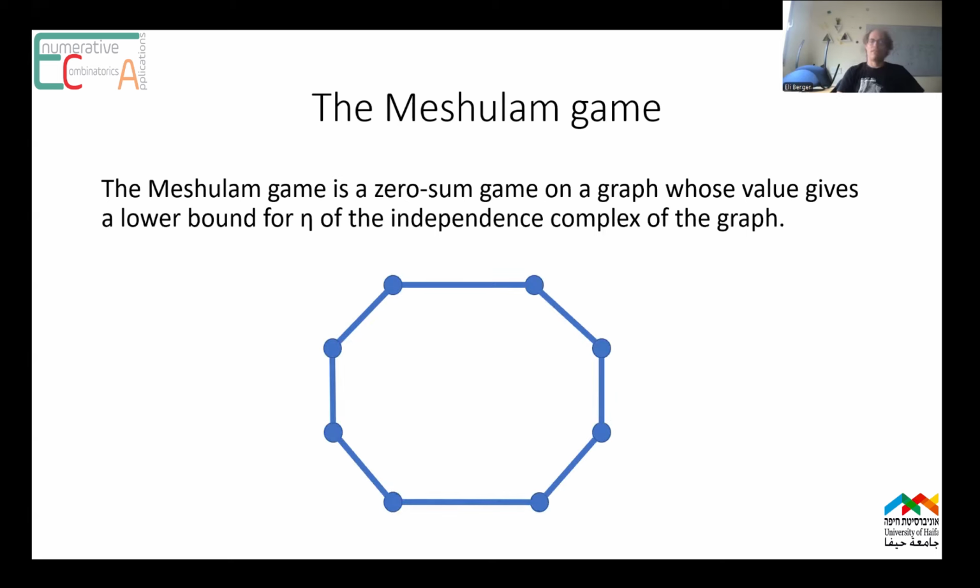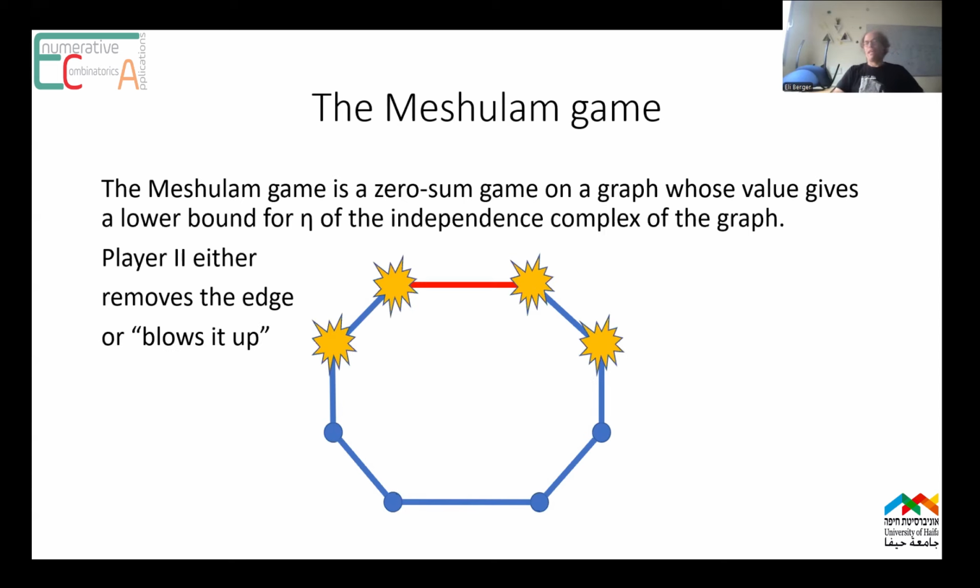So we have a graph, and we have two players. Player one chooses an edge in each of her turns, and now player two can do one of two things. She can either just remove the edge, or she can blow up the edge. What does it mean blowing up the edge?